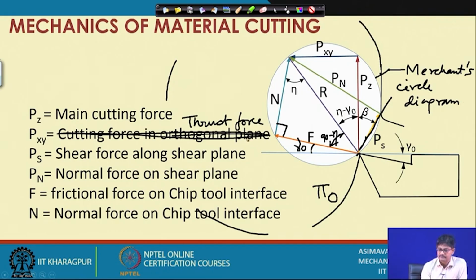Next, Ps is the shear force along the shear plane, as we discussed. Pn is normal to the shear plane, F is the frictional force on the chip-tool interface, and N is the normal force on the chip-tool interface. This we have already defined. So let us move on to the relationships between these forces.